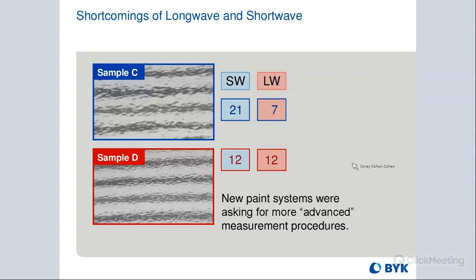And then we have sample C and sample D with a different set of shortwave and long wave measurements. In general, I would evaluate sample C as being wavier.